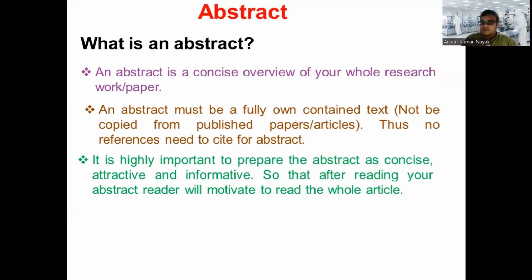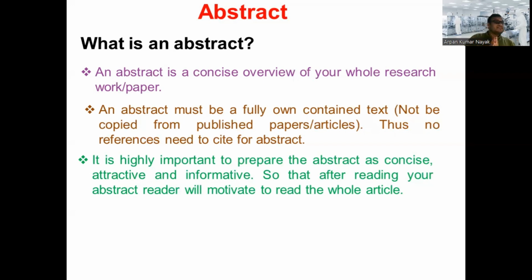Whenever a researcher starts writing the abstract, researchers don't have to copy from any published paper. It is a completely self-contained text. Whenever you prepare your abstract, that should be completely self-contained text.